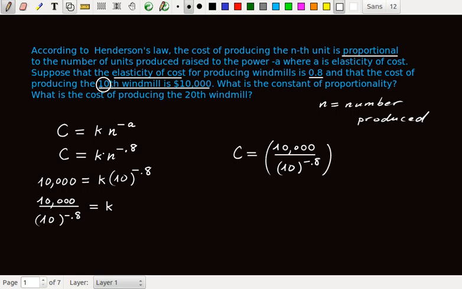That's our K. So that substitutes here, and then N to the minus 0.8. So this formula is good for any possible N. In particular, if we choose N now to be 20. The cost of making the 20th windmill is the constant K, and then 20 raised to the minus 0.8.